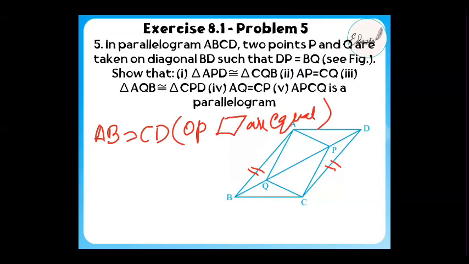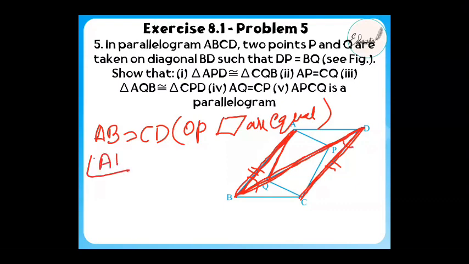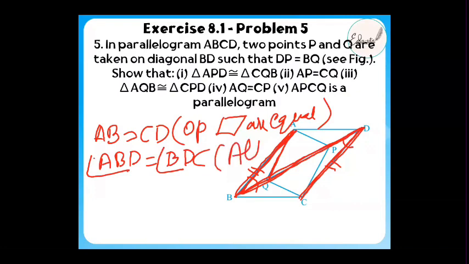Yes. Why is it so, beta? BAQ. Here we can form it like this. Correct? Look at this Z here. Right? This Z. So angle B and angle D again we can prove as equal, right? Yes. Angle ABD is equal to angle BDC because of alternate angles, right beta?